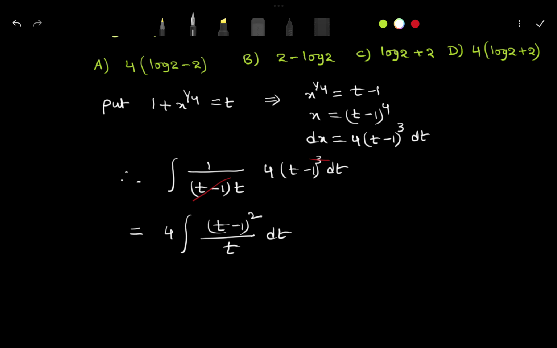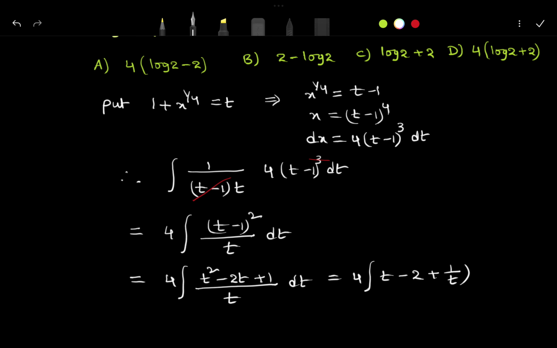Now before integration, write 4 into the integral of (t square minus 2t plus 1) divided by t into dt. So this will be 4 into the integral of t minus 2 plus 1 by t, dt.